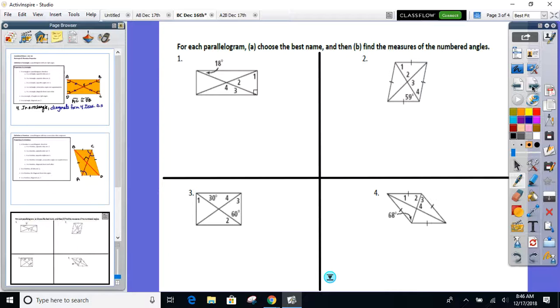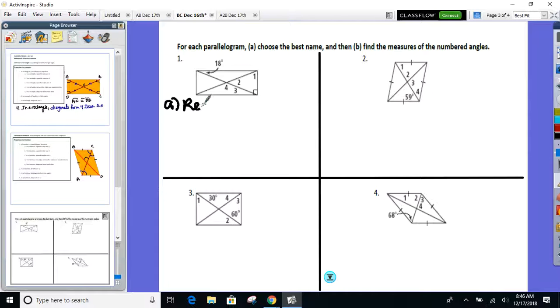It's a parallelogram, and then I have this right angle symbol here. A parallelogram with one right angle becomes a rectangle. So I can call this a rectangle, because it's a parallelogram with one right angle. And you don't need to explain it to me. That'll be tomorrow.